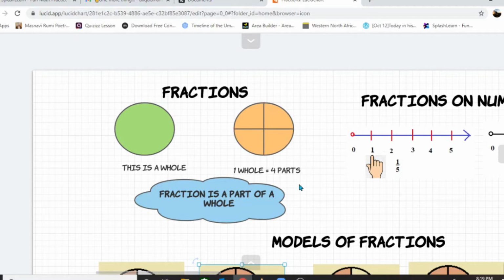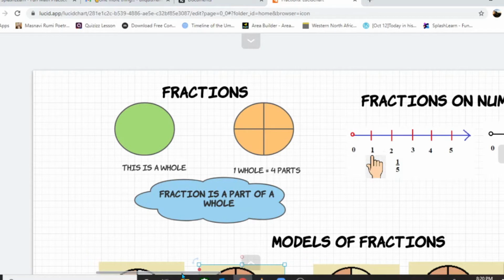So one whole is equal to 4 parts. 1, 2, 3, 4. There are 4 parts, or we can say there are 4 quarters in this complete whole. The definition of fraction will be: fraction is a part of a whole.